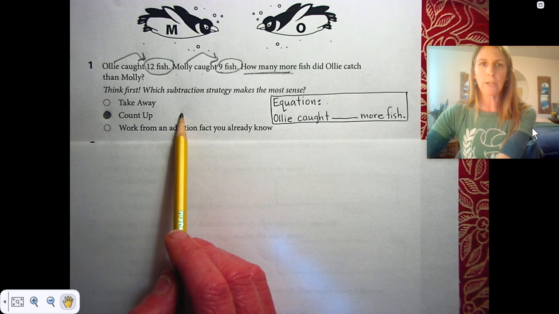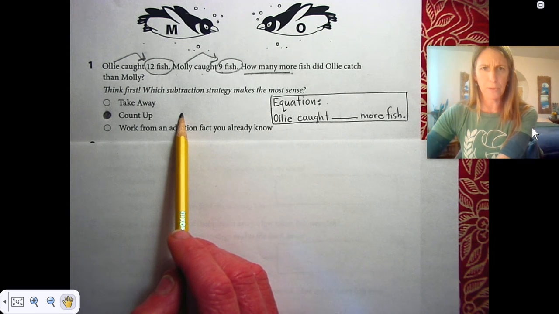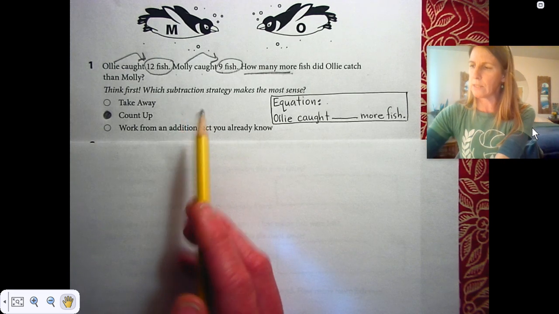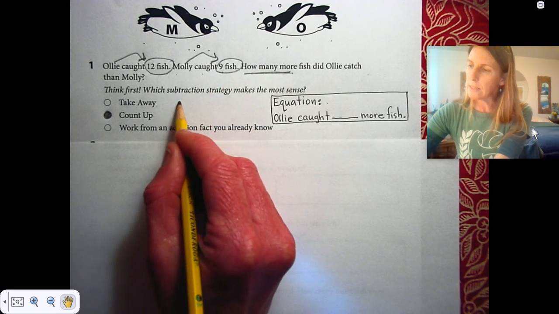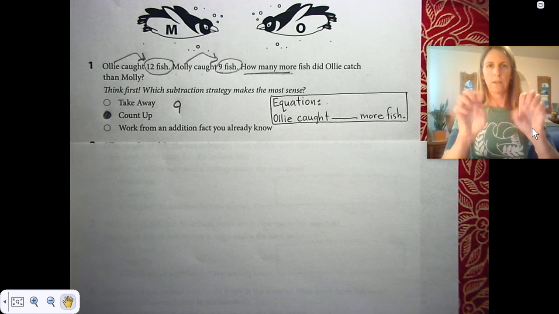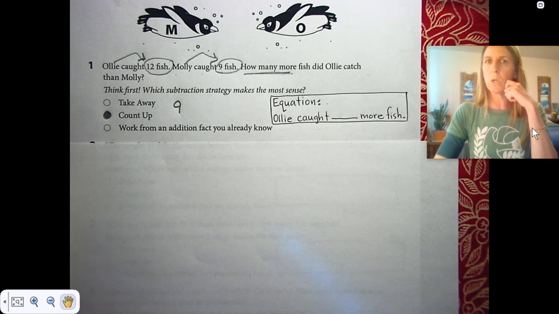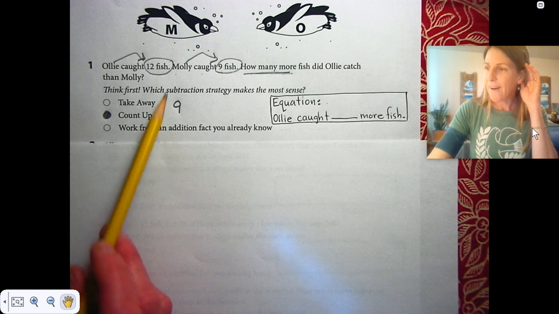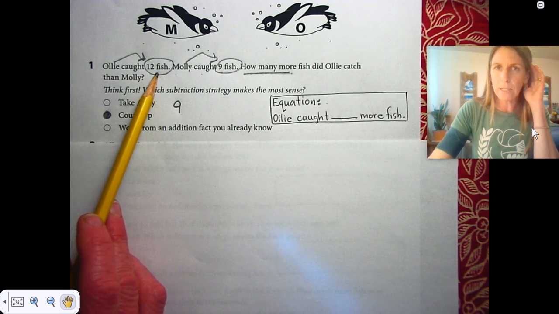So if I were to count up, I need to start from the smaller number. Okay, all right, so that's 9. There's that smaller number, 9. Thinking 9. And then I'm going to count up to, what number am I going to count up to? If I start at 9, I'm going to count up to, oh yeah, to 12, because that's how many Ollie has.